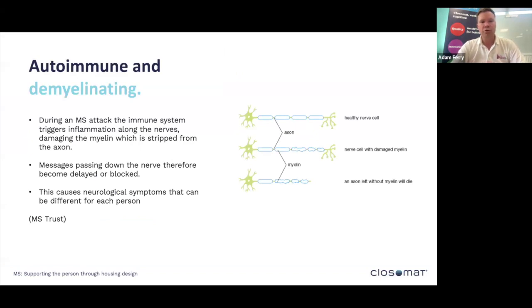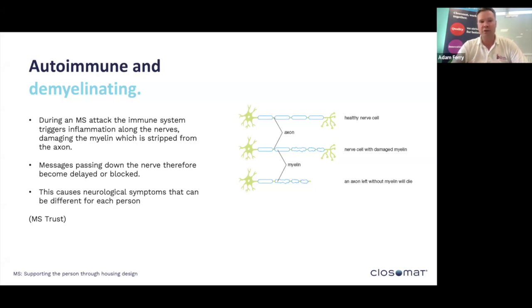So what does autoimmune and demyelinating mean? I'm sure the vast majority of people on this webinar understand what autoimmune means. That is where the body interprets or perceives there being something to fight off, whether it be a virus or something like that. So it perceives that there's something for it to fight, even when there isn't.